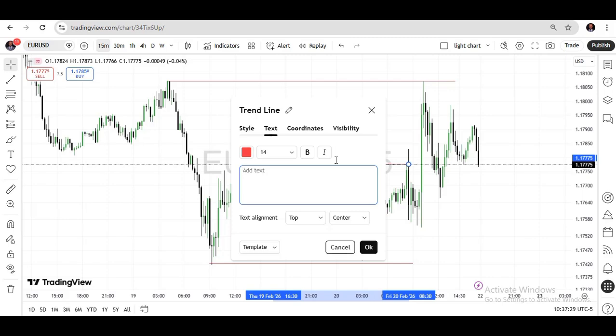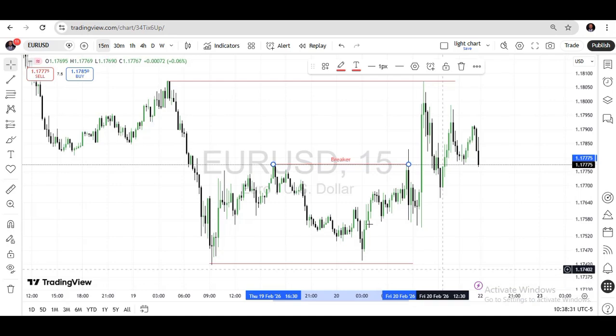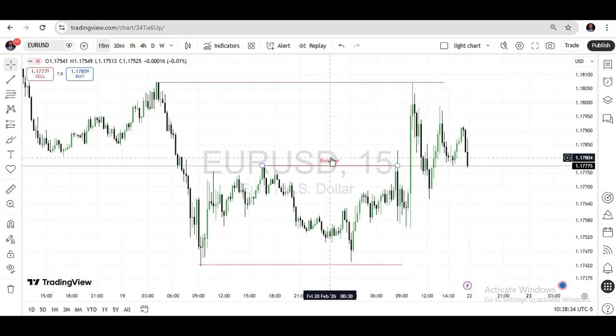We have a break of structure here, break of structure. Then we have a breaker here.